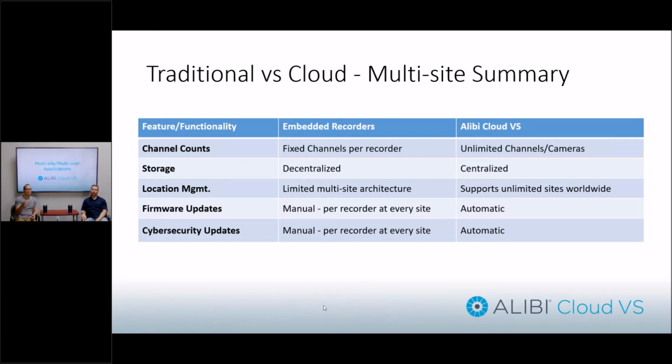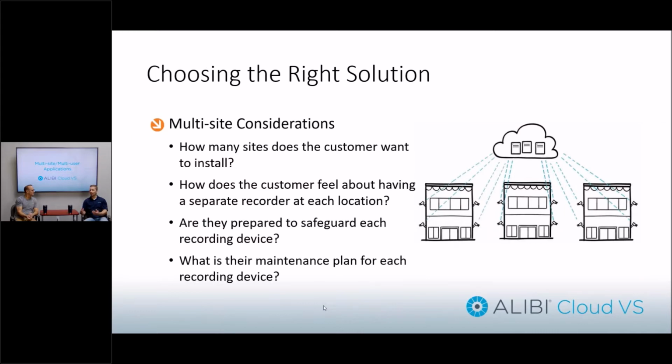Gotcha. So when we talk about cloud versus traditional, and we're going to specifically talk about cloud now, when we talk about some of those applications, where are we finding, because we're talking to our dealer partners, our customers here, where are they finding traction with selling the cloud solution from a multi-site perspective? Yeah. So, retail is a great one.